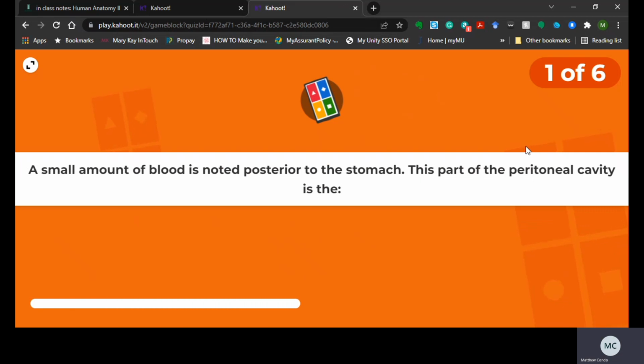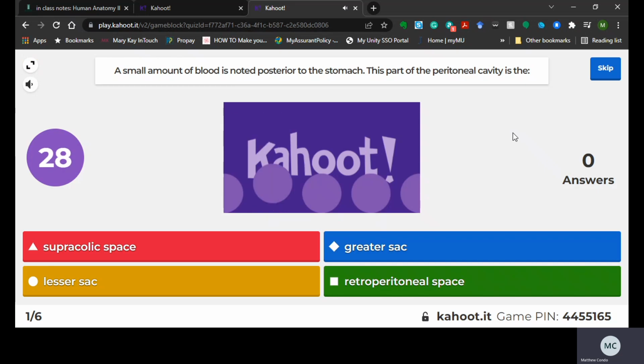A small amount of blood is there in the posterior of the stomach. This part of the peritoneal cavity is the what? Oh, removing. I'm sorry. Is that better? Okay.